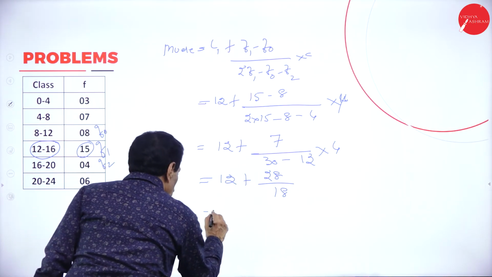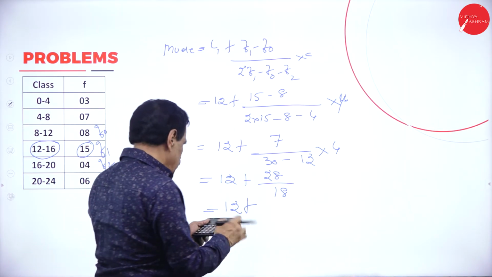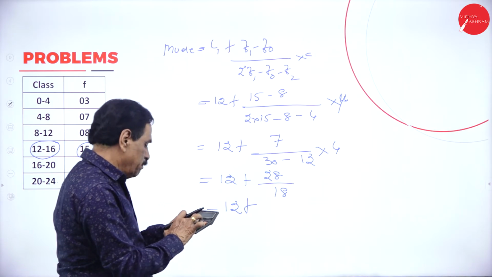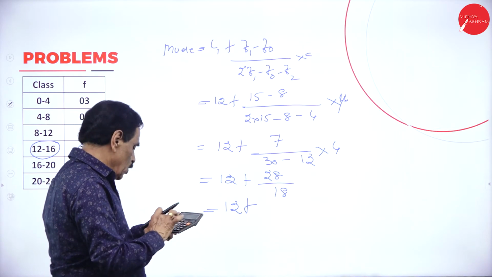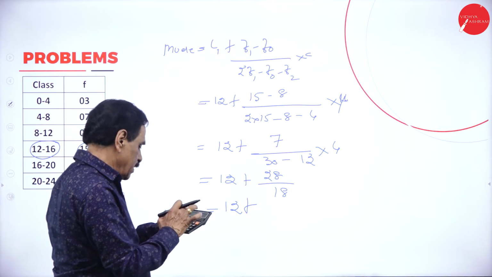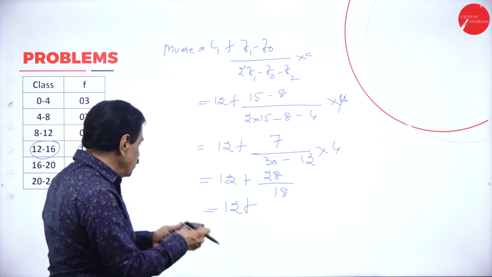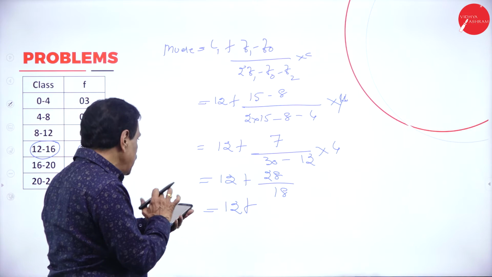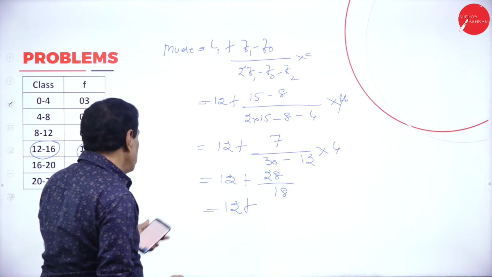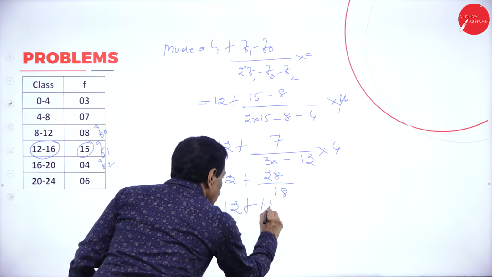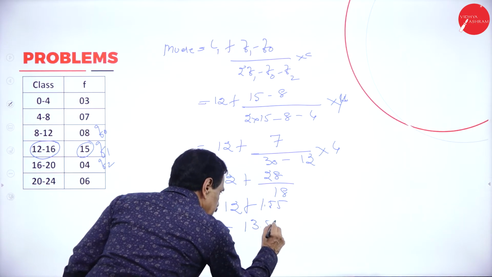You divide 28 divided by 18. It works out 28 divided by 18 is equal to 1.55. It comes to 13.55.